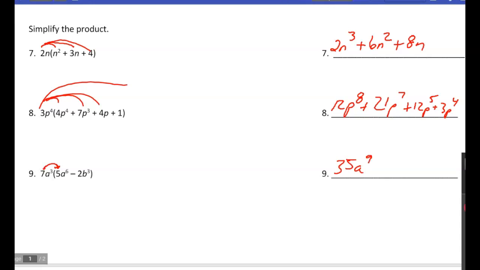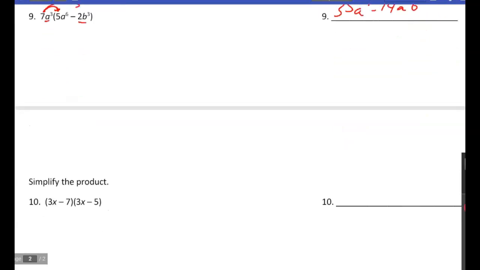But then here, I have 7 times negative 2, which is negative 14. But look, these terms don't match. But when we multiply, we can put them together. So I end up with 14a cubed b cubed. If I added them together, they would be separate terms. If I multiply them together, I merge them.